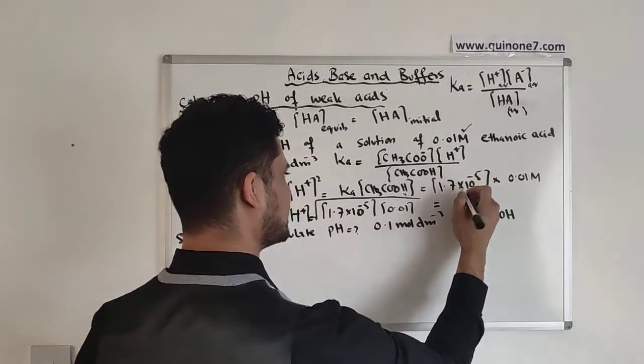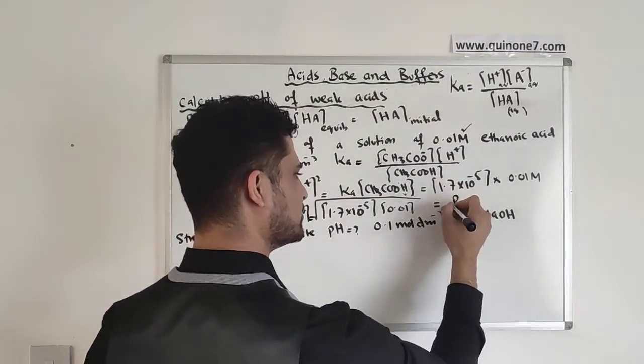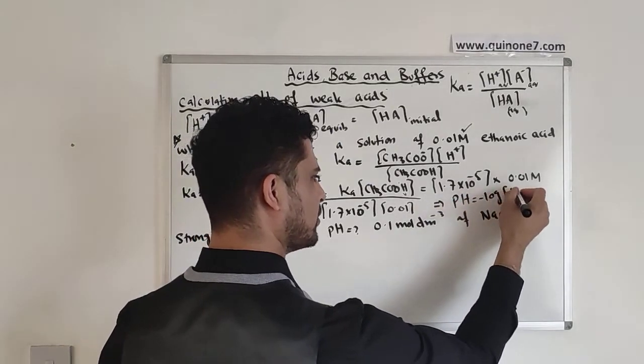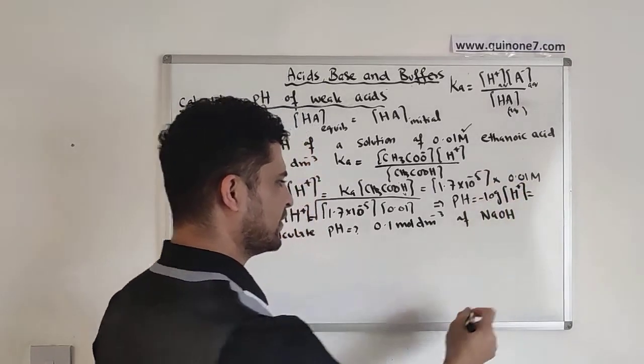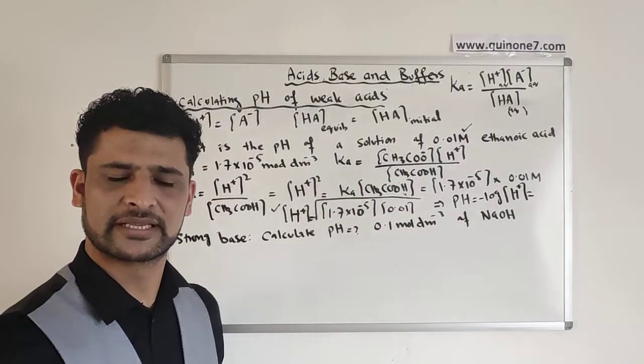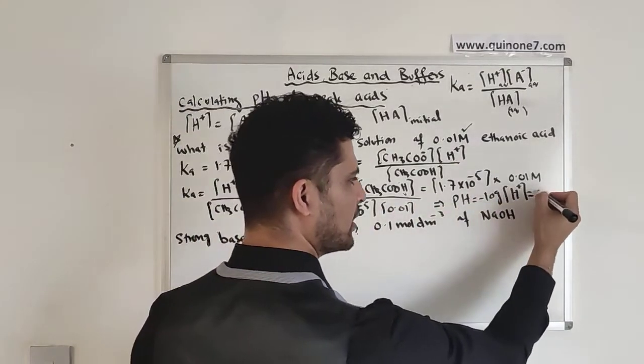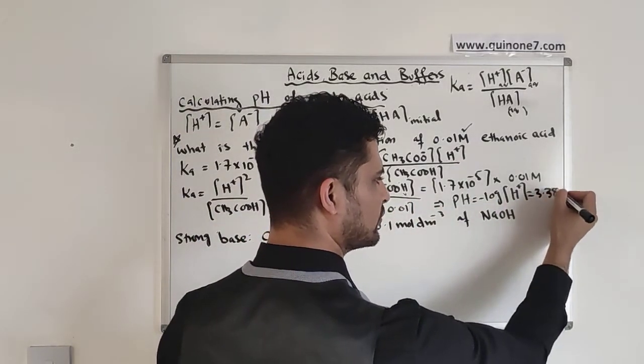After that, you can write down the pH, which is equal to minus log of the H positive ion concentration. When you solve this equation by taking a square root and then the minus log of the answer, it should come to 3.38.